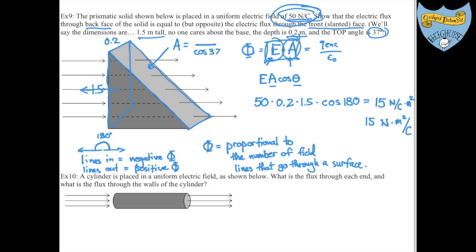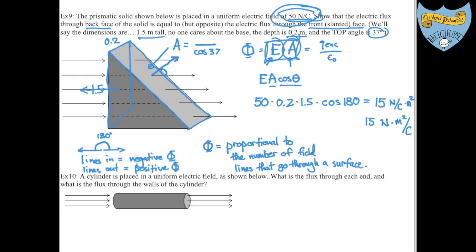So when we get to the stage where we have to multiply by cosine theta, that difference in area is going to exactly cancel out by that angle right there. So it's a larger area, but we get the same amount of flux because of the angle at which those lines go through.